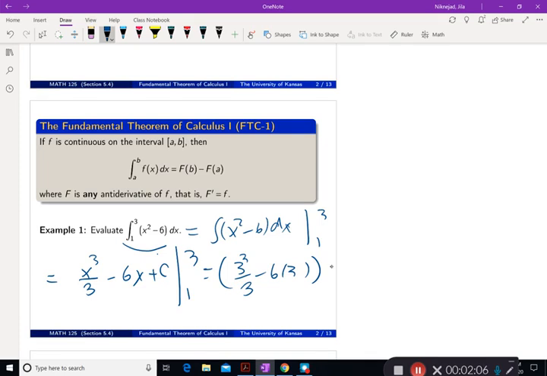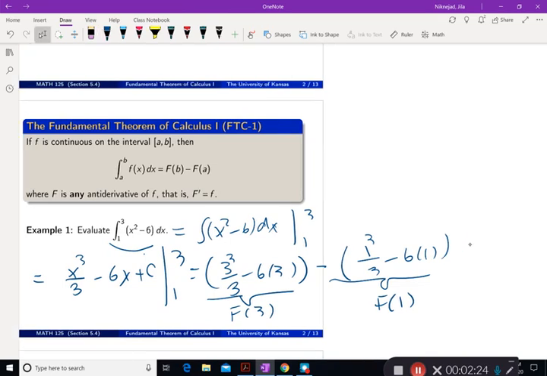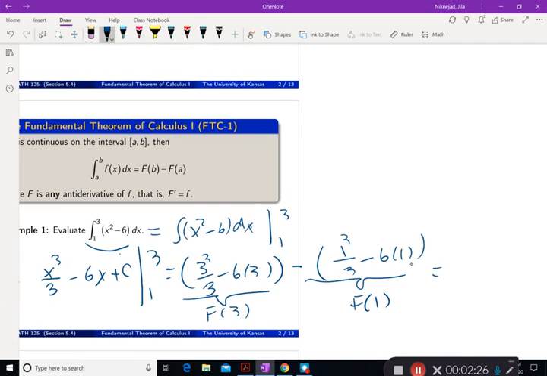And then minus, this part is the antiderivative F evaluated at 3, then minus 1 to the power 3 divided by 3 minus 6 times 1. This is the antiderivative evaluated at 1. The first part you compute and you get negative 9, and the second one you compute and you get negative 17 thirds.